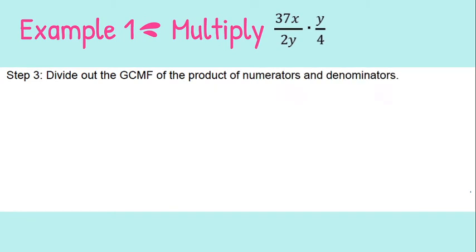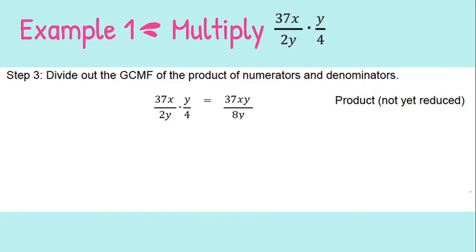After that, step 3, divide out the GCMF of the product of numerators and denominators. The given 37x over 2y times y over 4 becomes 37xy over 8y when we multiply numerator by numerator and denominator by denominator. The product is not yet reduced, so we divide out the GCMF, which is y.